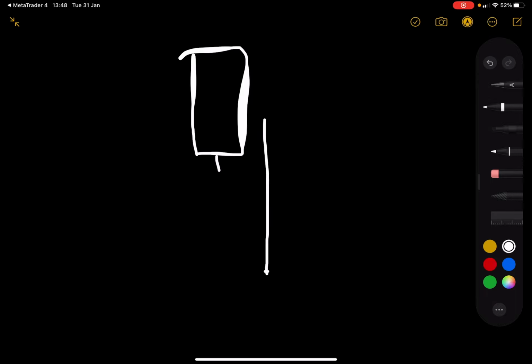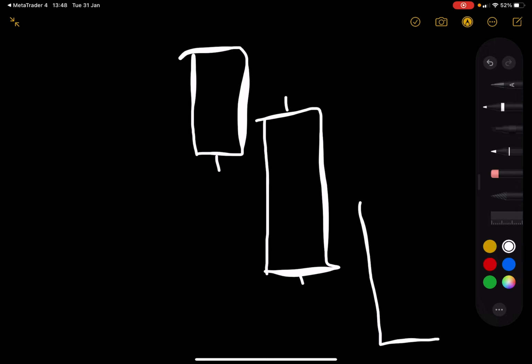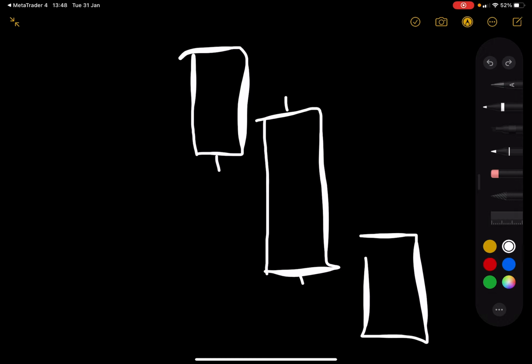Another kind of imbalance is when you have a candle like this, goes down like that, and then you create another candle like that, something like that, and then you have the final candle which is a bit lower like that, and this area here between this wick and this wick, all there is is body.